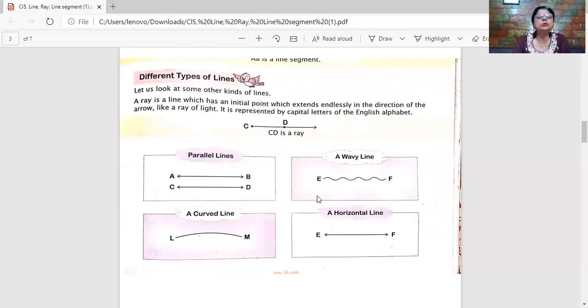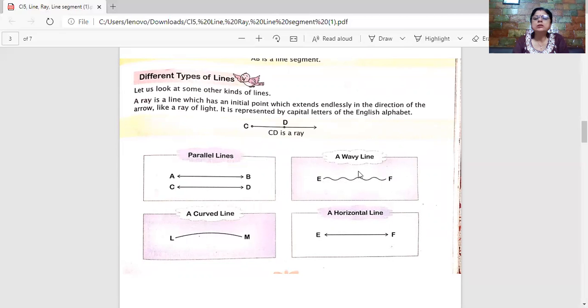Now there are some more types of lines. We have already studied parallel lines.